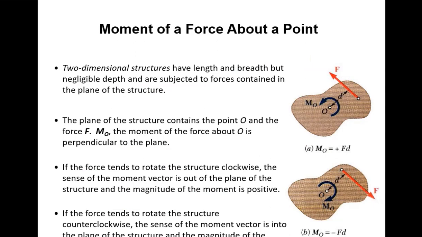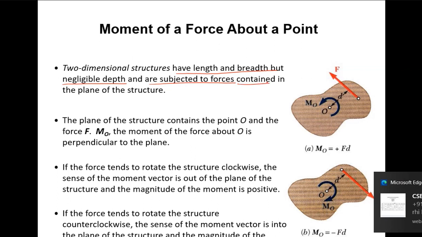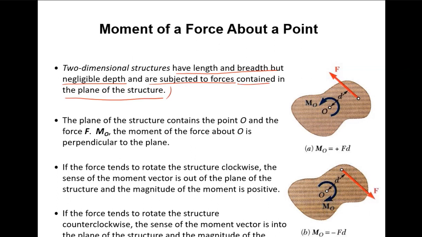Now coming to two-dimensional structures. So moment of force about a point like this. Two-dimensional structures have length and breadth, but negligible depth, and are subject to forces contained in the plane of the structure. So we are just considering a lamina.